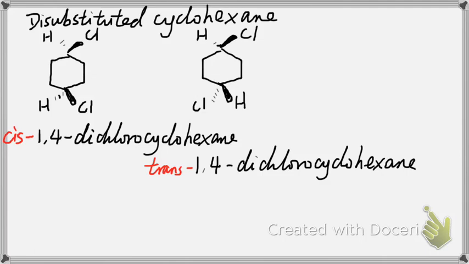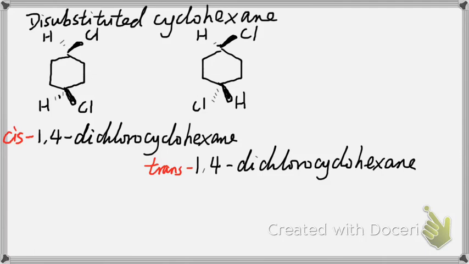What is the relationship between these two molecules? They are isomers of each other. We talked about isomers before. Isomers have the same molecular formula, but their structures are not the same, right? Previously we talked about the constitutional isomers. They have different connectivity.